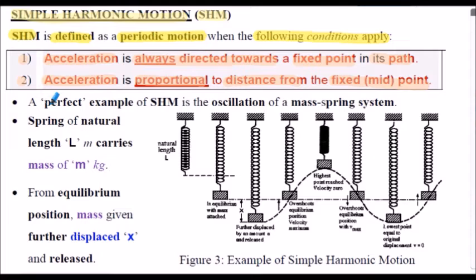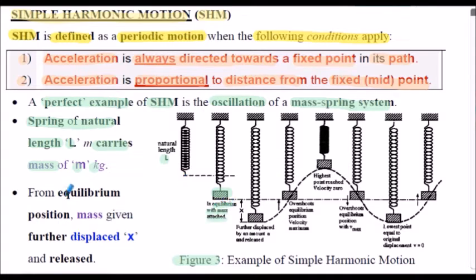A perfect example of SHM is the oscillation of a mass spring system, as shown in figure 3 here. The spring of natural length L carries a mass of m kilograms. By applying the mass m, the spring finds what's termed the equilibrium position with the mass attached.